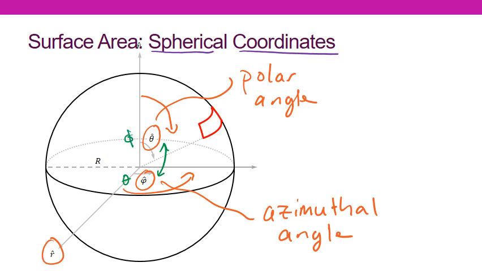You might have learned the radius, for example, not as r but as rho. Honestly, there's a million different notations we could use, so I'm just going to use what I've got. I'm going to call my radial direction r, my azimuthal angle phi, and my polar angle is going to be theta.